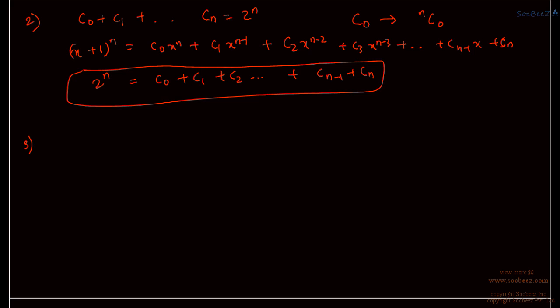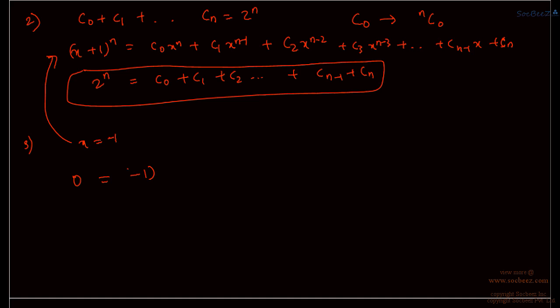Now similarly, instead of 1 here, I put minus 1. So what do I get now? Suppose I put x equal to minus 1 in the same expression. Now what do I get? I get 0 is equal to, now this will actually be a bit confusing since x is minus 1 power n, right?